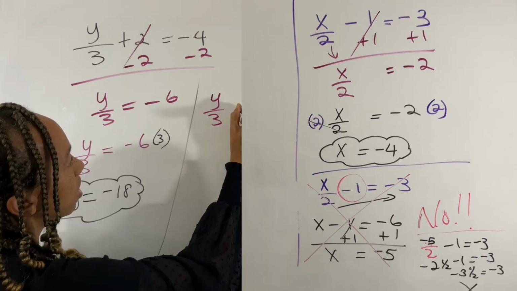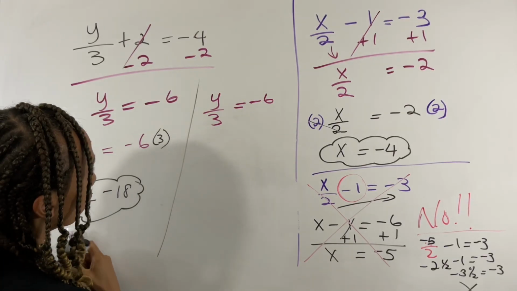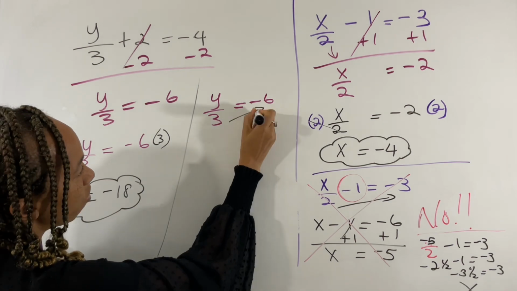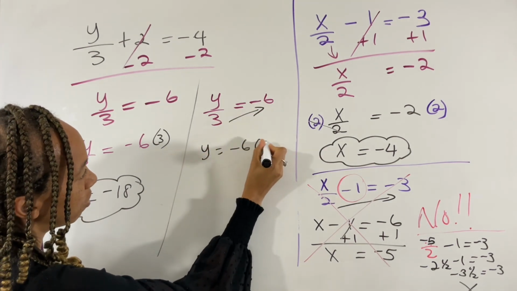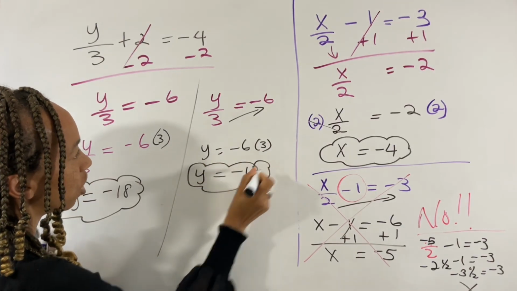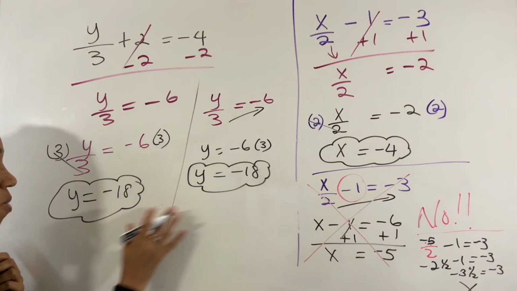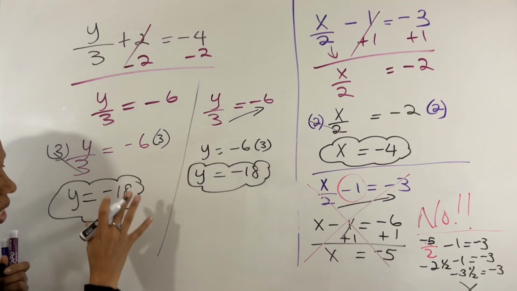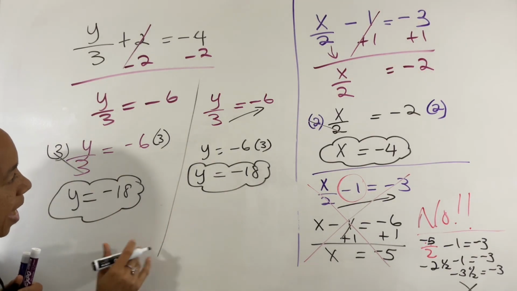Or you can simply, y divided by 3 equals negative 6 here, you can simply just cross multiply. Now is the time when you can cross multiply and have y equals negative 6 times 3 is equals to negative 18, and that is your answer. So just note when you can do the cross multiplying there, which is just one side, it's not a two-sided cross multiplication, and then you can go ahead and solve your answer.